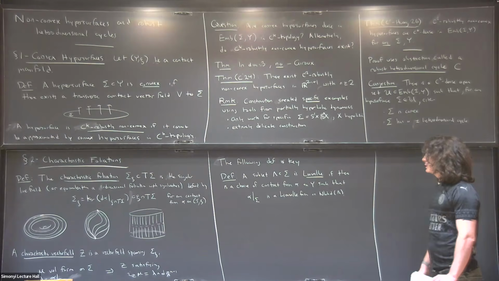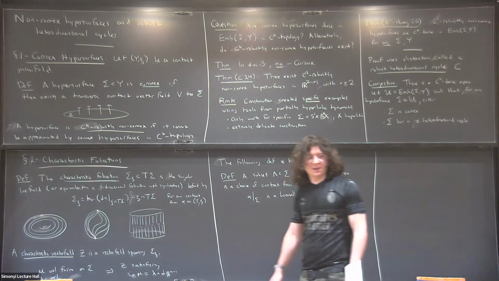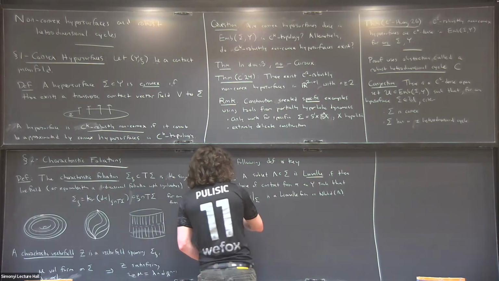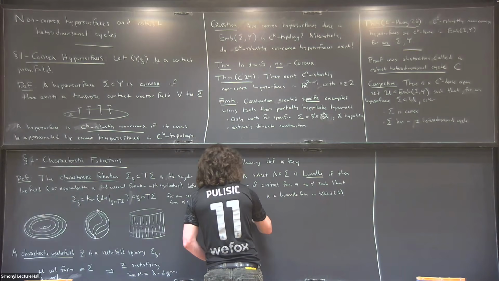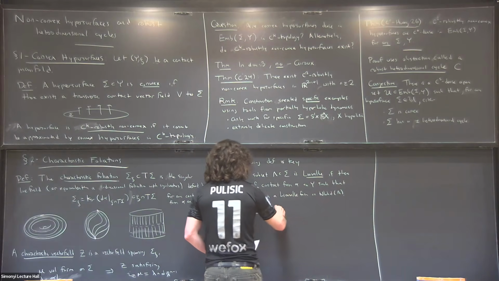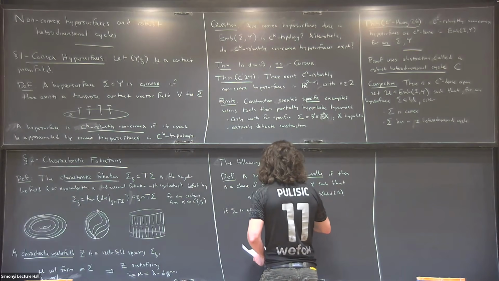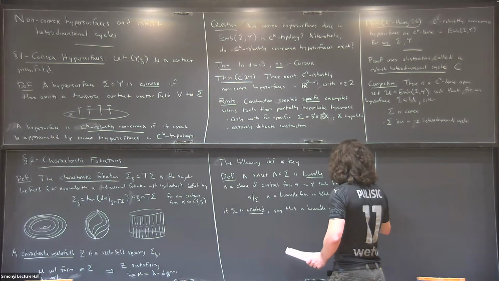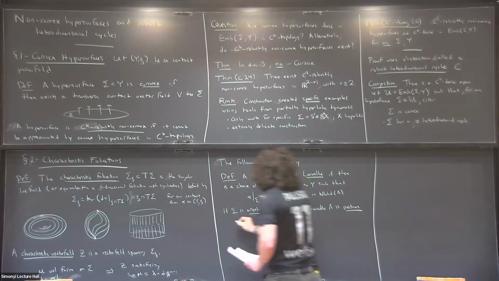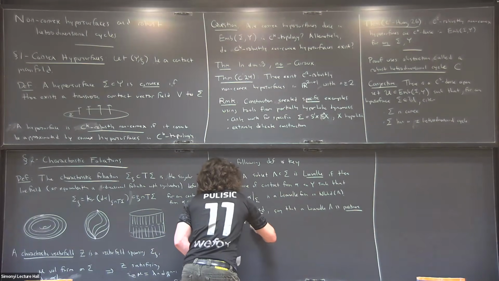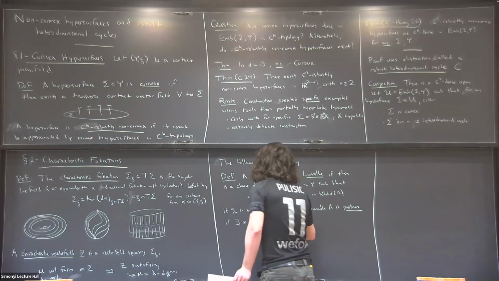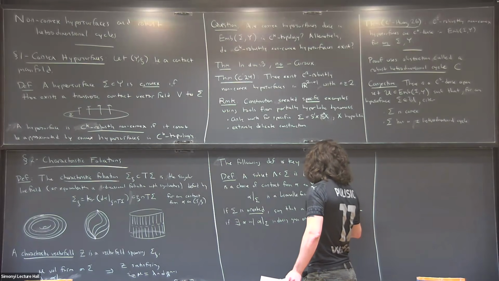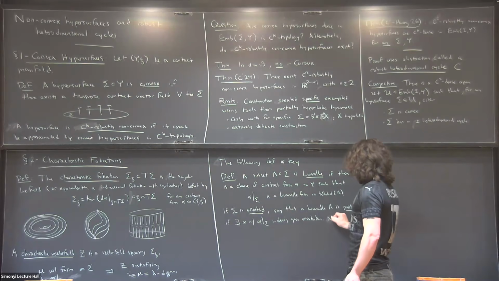Now, let's think about this definition a little bit. Actually, I want to introduce one more notion here. If sigma is oriented, we say that a Liouville subset is positive if there exists an alpha with alpha restricted to sigma inducing the given orientation, and it's negative otherwise.